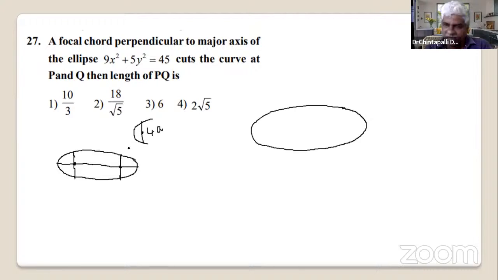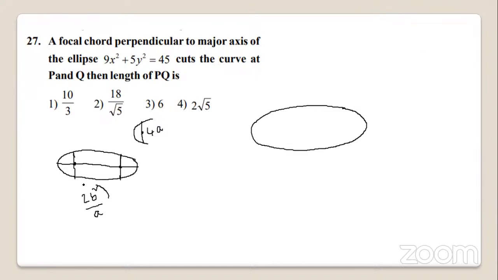But in the case of an ellipse, there exist two latus rectums, so their lengths are also equal. That is 2b square by a. What is the length of the latus rectum formula? 2b square by a.